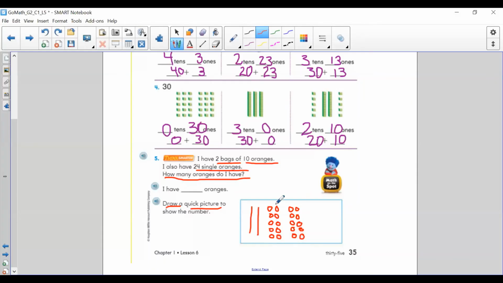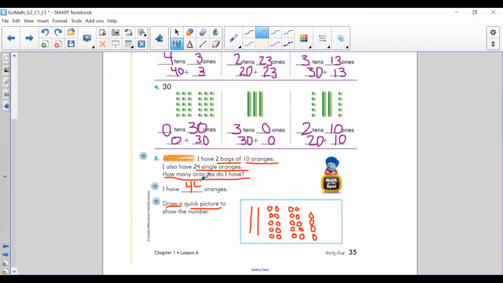How many more do we need? That's right, we need 4 more. And so that would be 24 right there. So if we count by 10s, 10, 20, 30, 40, and 4 ones, 44. So all together, there are 44 oranges.